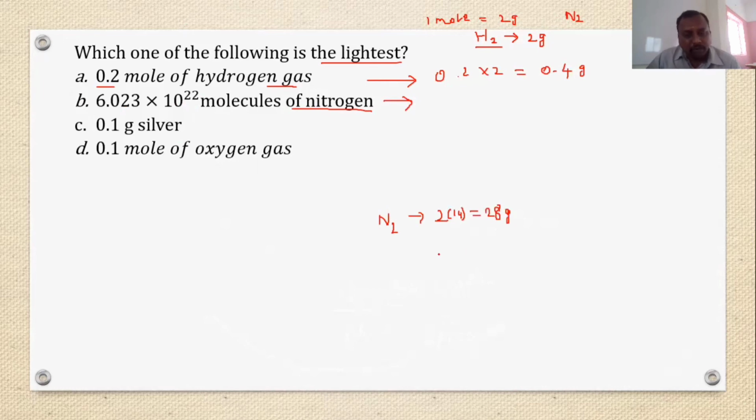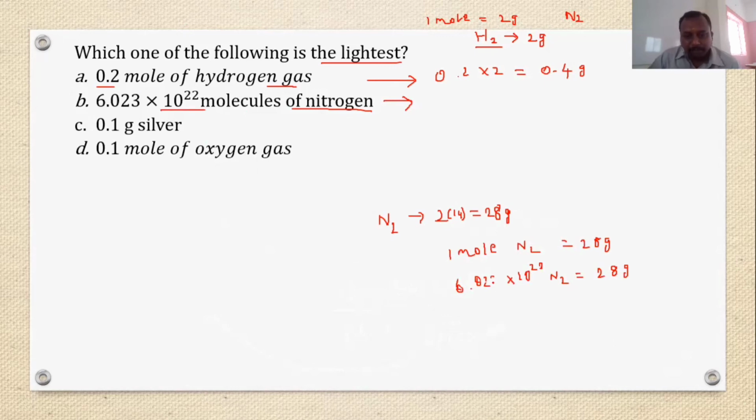So 1 mole of a substance contains 28 gram. 1 mole of nitrogen molecular weight is 28 gram. So நமக்கு தெரியும் 1 mole ங்கிறது எவ்வளவு? 6.022 into 10 to the power 23 molecules of nitrogen வந்து உனக்கு எவ்வளவு? 28 gram. ஆனா இங்க என்ன கொடுத்திருக்காங்க பாரு, 10 to the power 22 molecules.